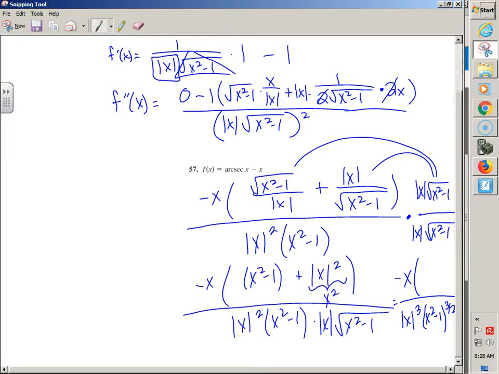Squared plus x squared is 2x squared minus 1. We could actually be snazzy and just take out this x and make that a squared, because remember the absolute value is just keeping it positive. And absolute value squared is going to be positive anyway. We could say those are redundant and make them parentheses.